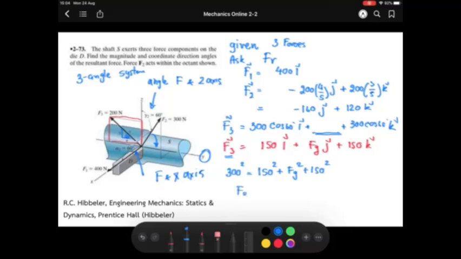Then Fy will be equal to the square root of 300 squared minus 150 squared minus 150 squared. Write down the equations and then you find out the answer.